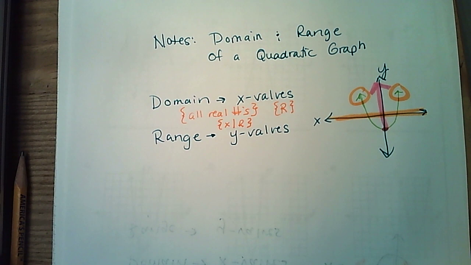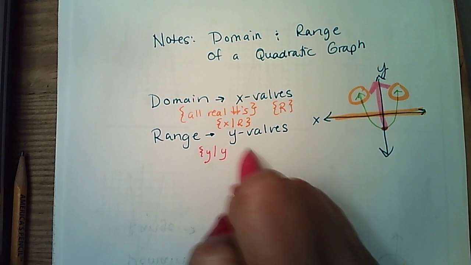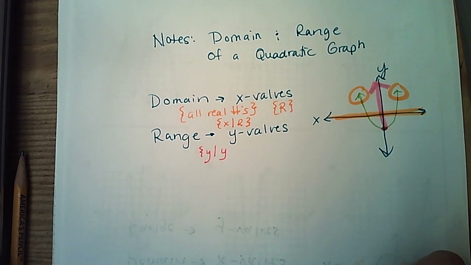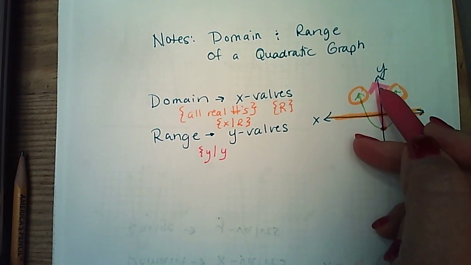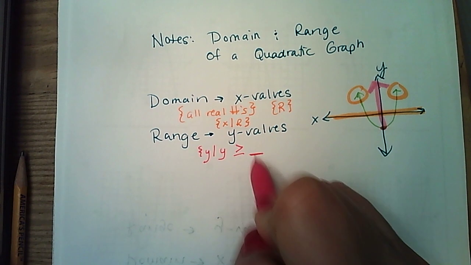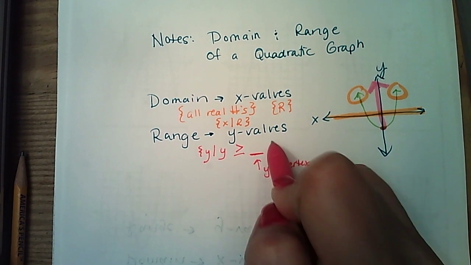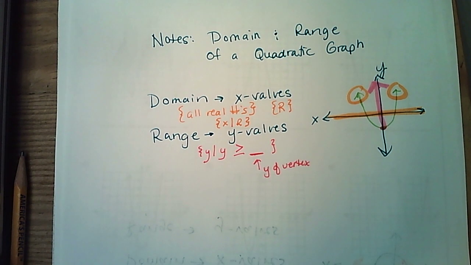When I write my range, it's always going to be the set of y such that y is either greater than or less than, or equal to, whichever one it is. Here it's everything greater, so it's going to be greater than or equal to the y of my vertex. I'm going to show you some examples of that in a second.